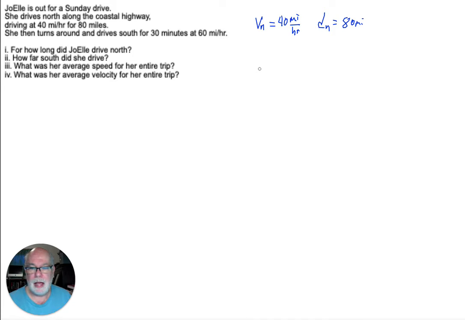Then she drives south for 30 minutes, and she drives at 60 miles an hour. So her speed or velocity south is 60 miles per hour. Now we know that the time she drives south is 30 minutes. That looks kind of like a 36.